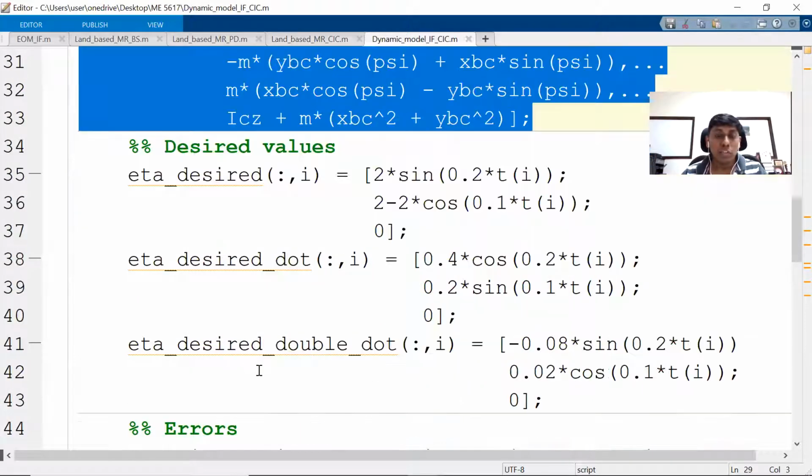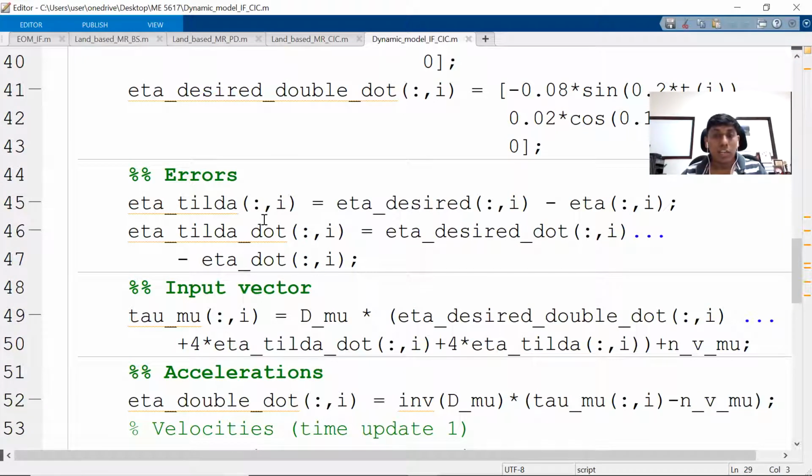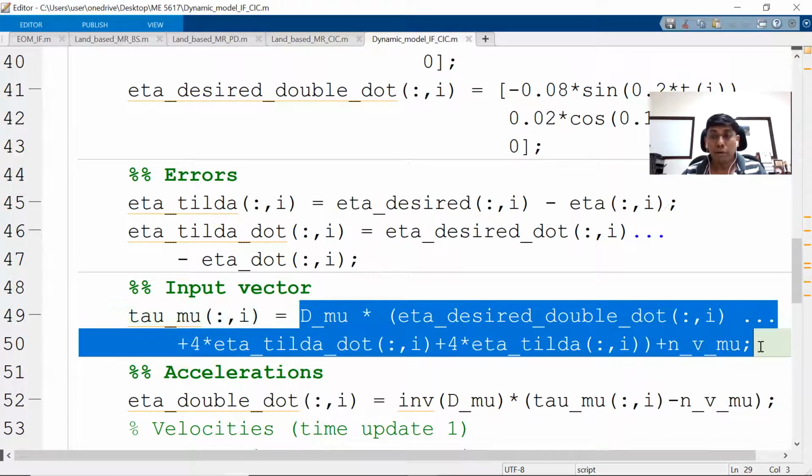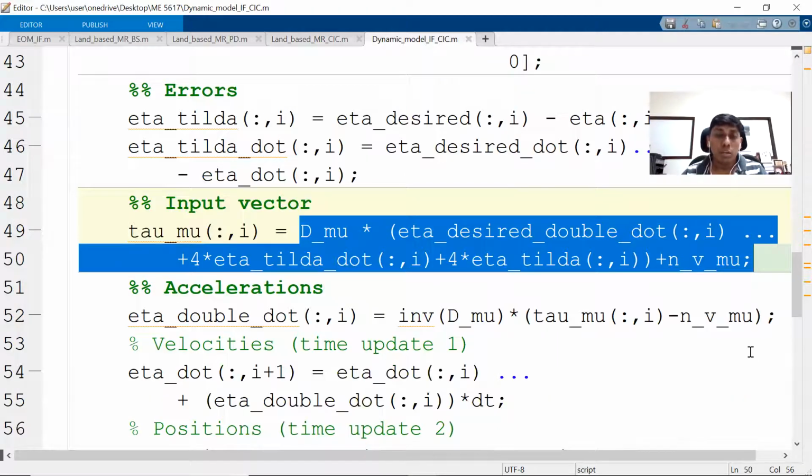So now there is no J coming explicitly. Then you can see it is a simple straightforward computing torque control. However, when you want to implement in a real time vehicle where your motor needs to get a proper input, at that time you have to use J transpose of eta multiplied with the tau mu. You know why that is, you have to substitute it.